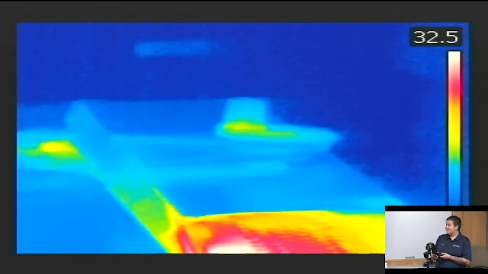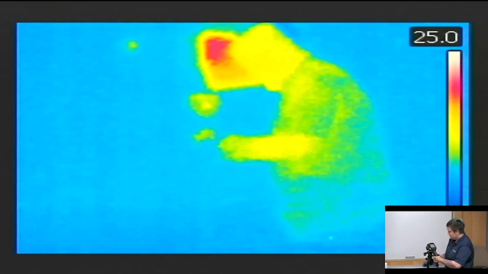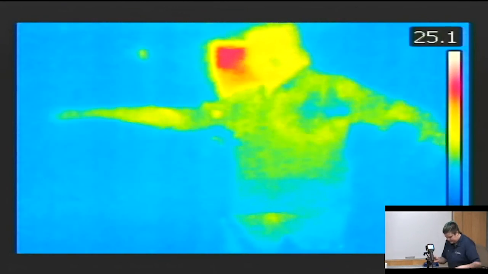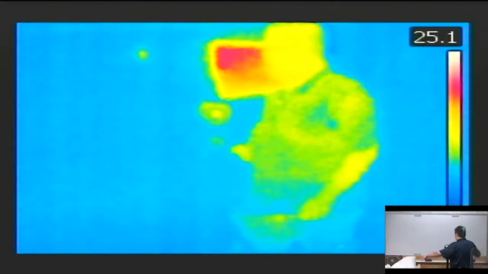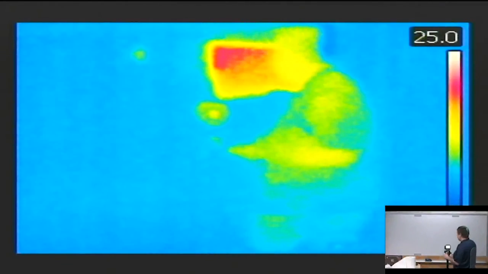Finally, I promised we would look at reflections. So we'll spin around, point at the whiteboard, and you can see my reflection in the whiteboard. You can also see the computer screen behind me.